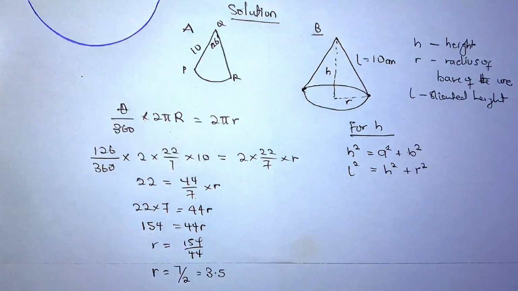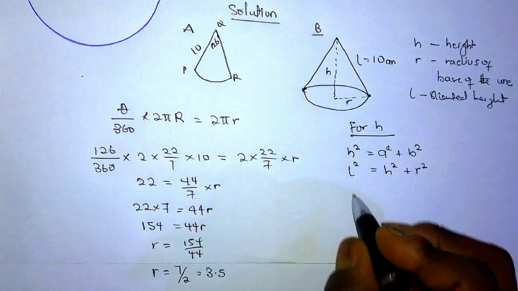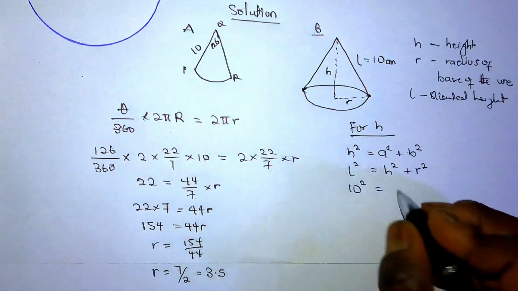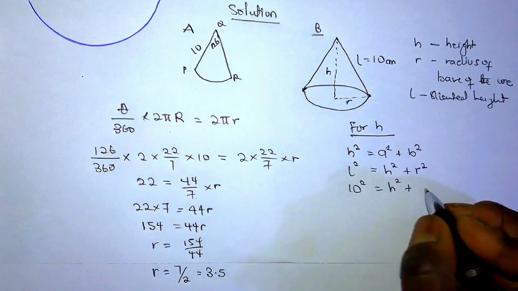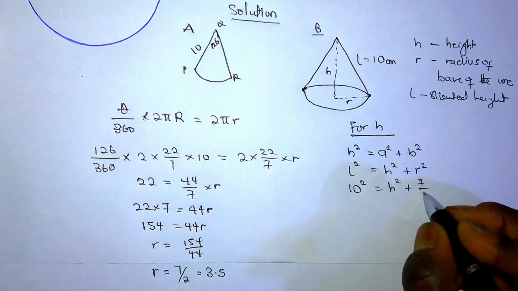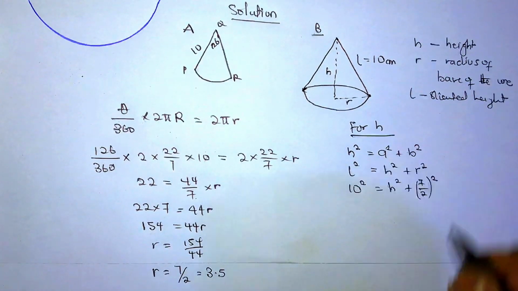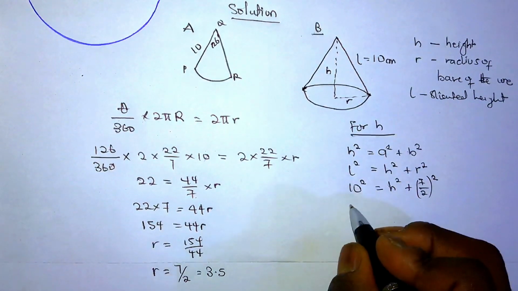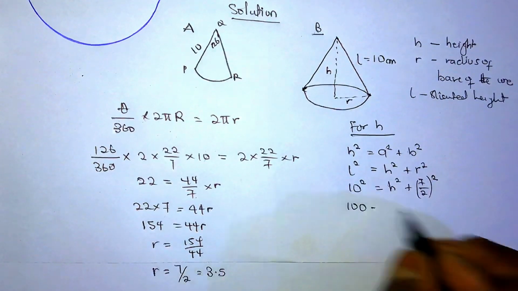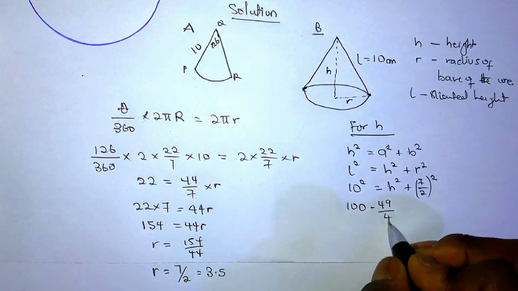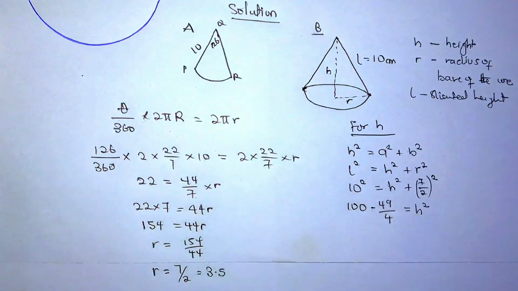So let's substitute. L, the slanted height, is 10, is equal to, we don't know H, but we just found the radius r to be 7/2, all squared. So we are going to get 10 squared is 100, minus 7/2 squared, which is 49/4, and this is equal to H squared.